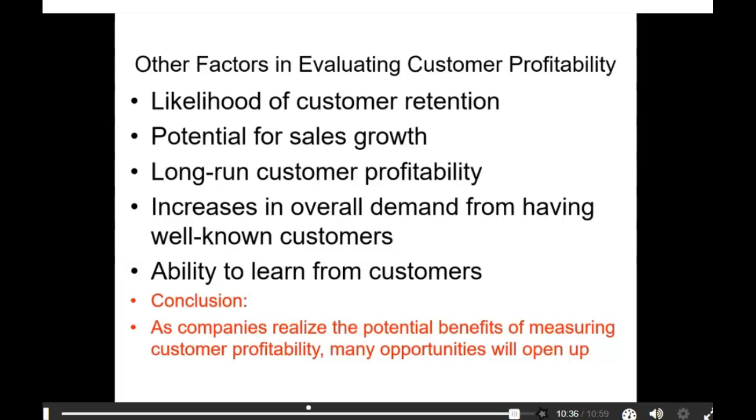So as activity-based costing is in place, it can easily be extended to activity-based management. And companies now are looking at customer profitability analysis. And many companies are also looking at supplier profitability analysis. And that's a whole new field in management.